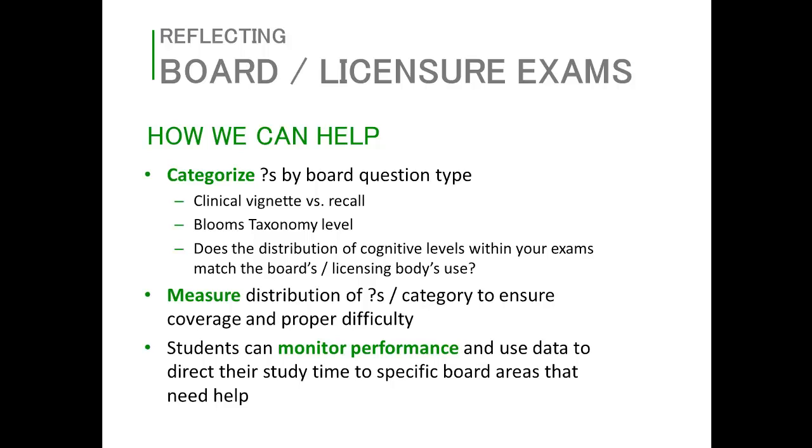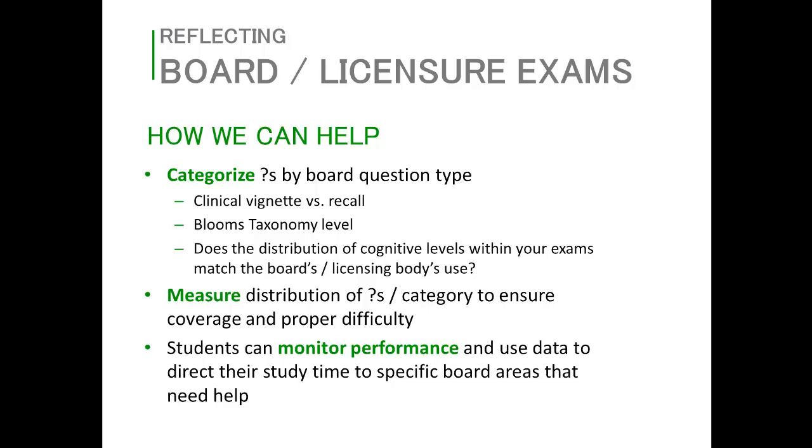It gives you some power there to check and make sure that your students are seeing, maybe you can't get to 100% board style questions, but maybe you want to make sure at least it's 50%. Well, if you categorize by whether or not they're board style questions, you'll be able to check that number and make sure that you're giving them the amount of questions and the type that you want them to. Also, does the distribution of your assessments match up with the cognitive levels of the boards?